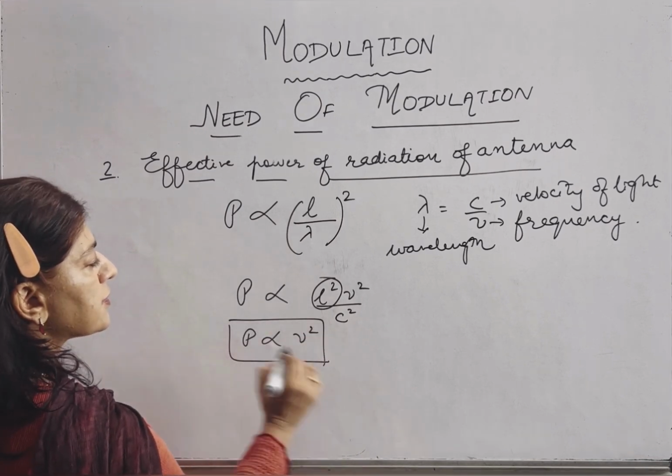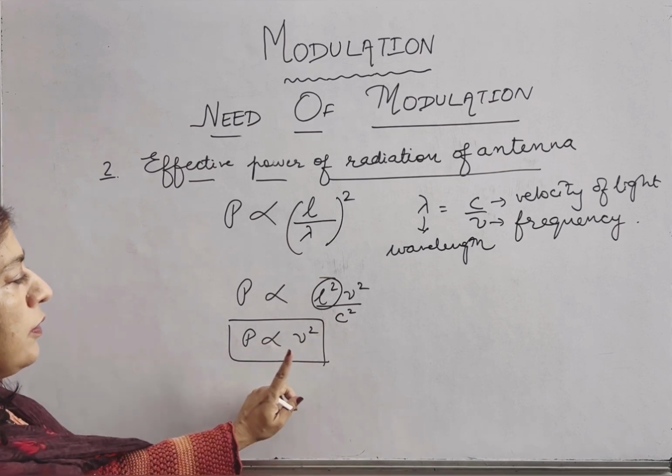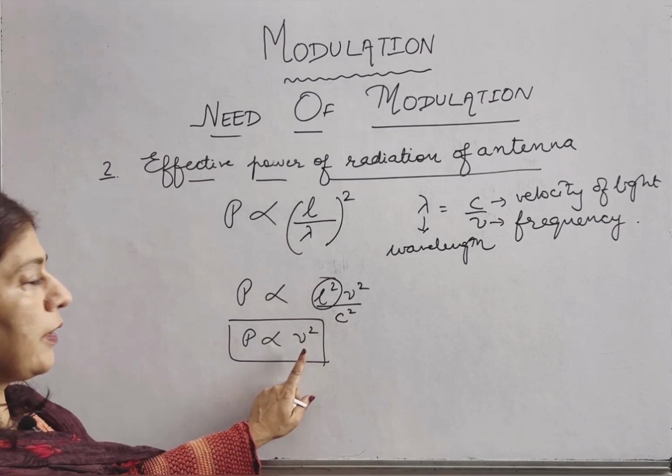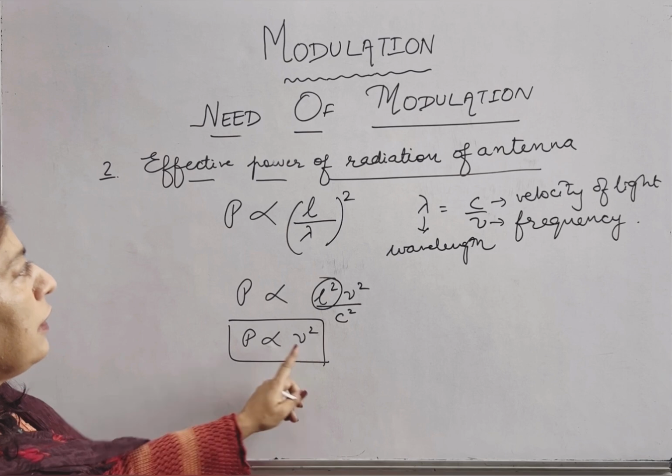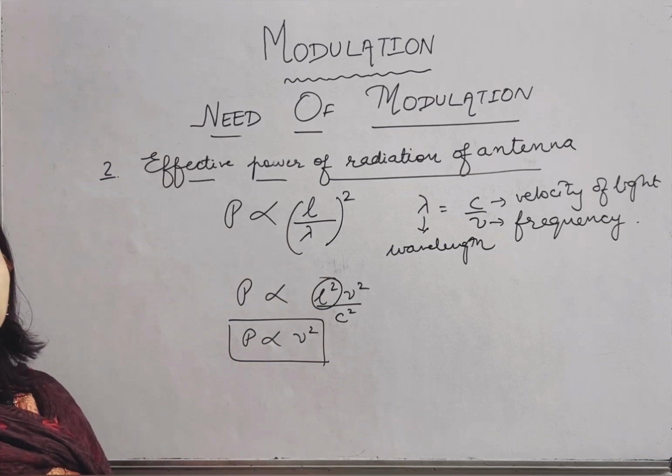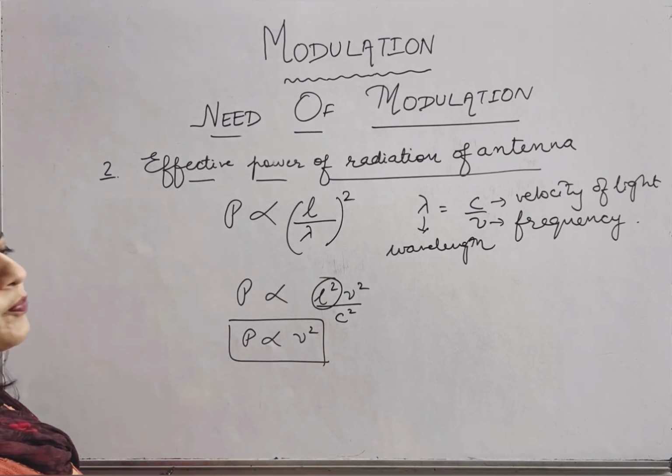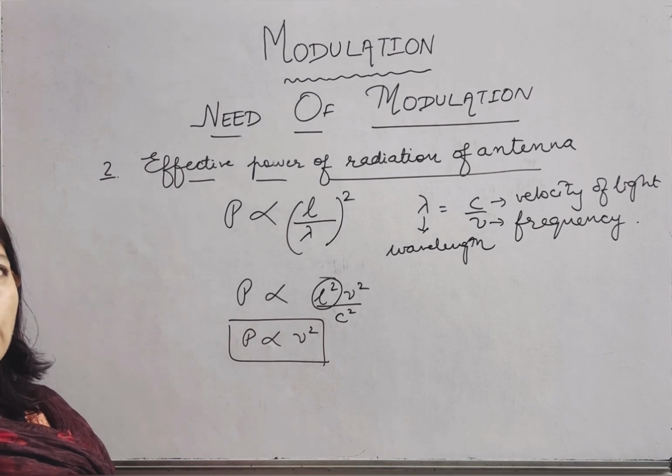For same length of antenna, the frequencies that have high values will be radiating power to larger distances as compared to the low frequencies.